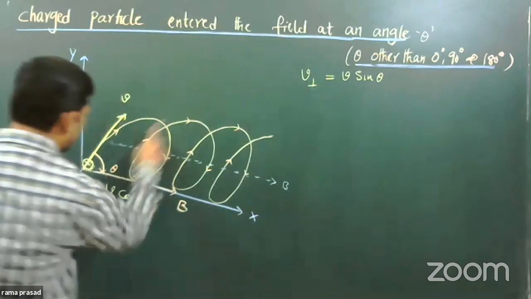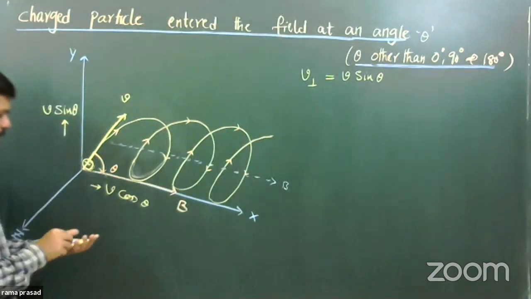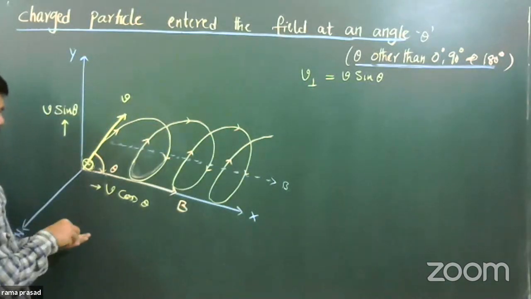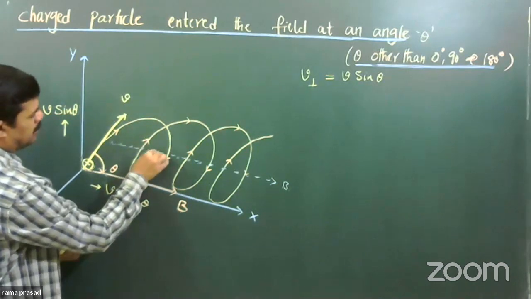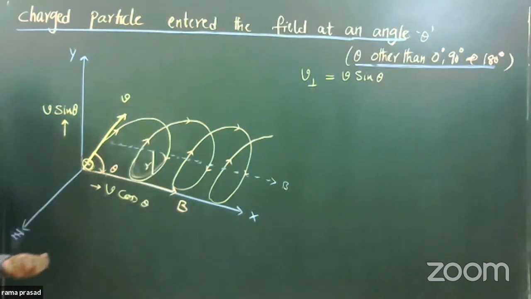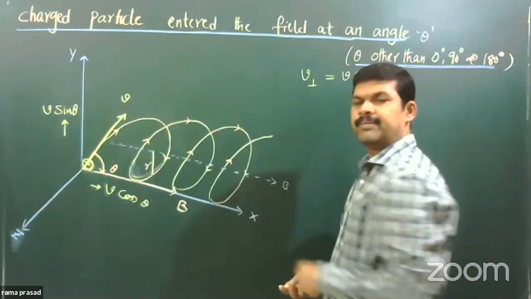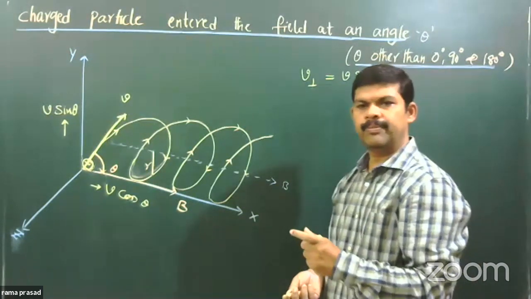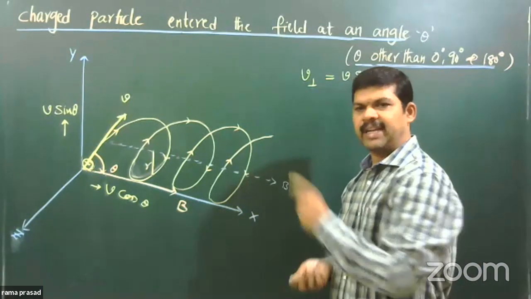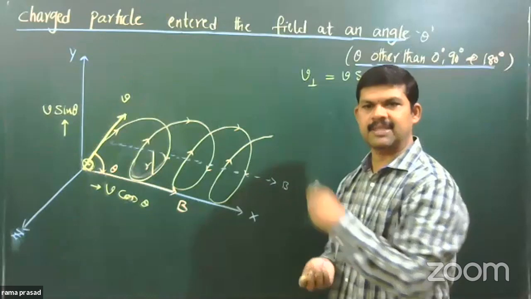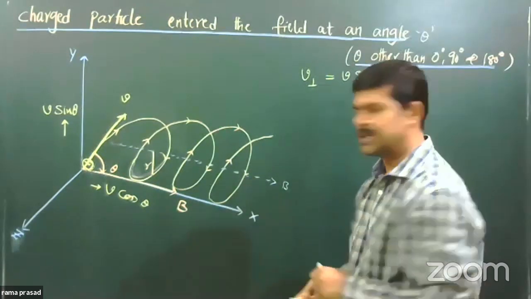Then, whenever it is in rotation, it has some radius. See, there is some radius of the path. Let that radius of the path be some r. When it is rotating, we know the force due to the magnetic field supplies the necessary centripetal force. Yesterday we discussed.